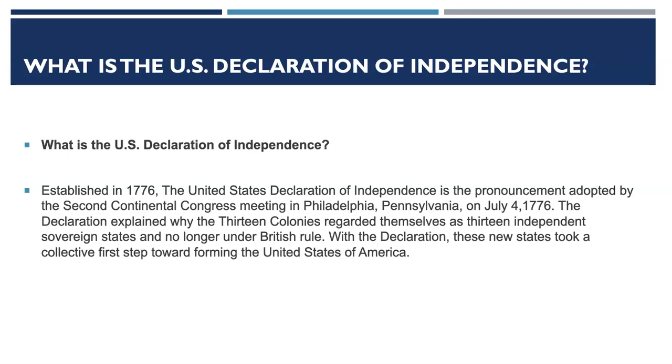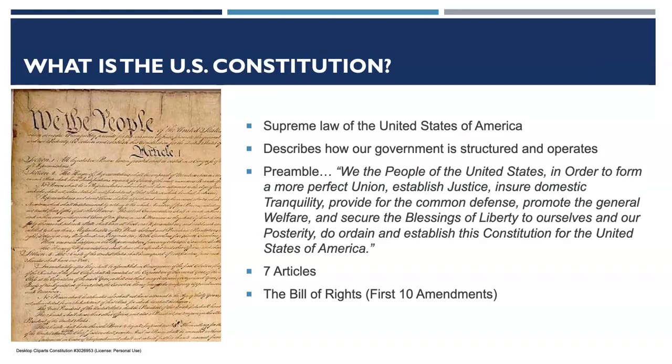Now let's talk about our U.S. Constitution. The U.S. Constitution is the supreme law of the United States of America. It describes how our government is structured and how it operates.